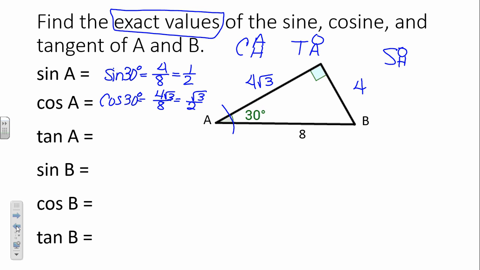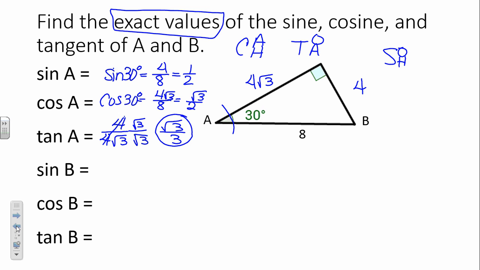Which one's next to it? The 4 square roots of 3, right? So we're taking 4, the opposite, divided by the 4 square roots of 3, the adjacent. Those will cancel. And we don't like to have a radical in the bottom, so what do we do? Yep, multiply it by itself over itself, and we get square root of 3 over 3.